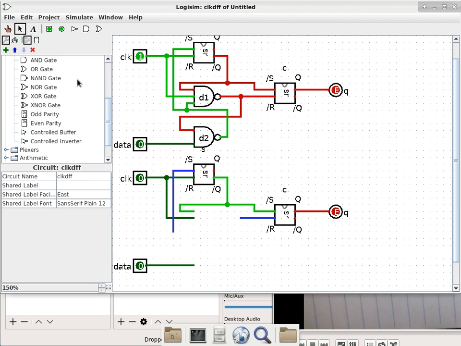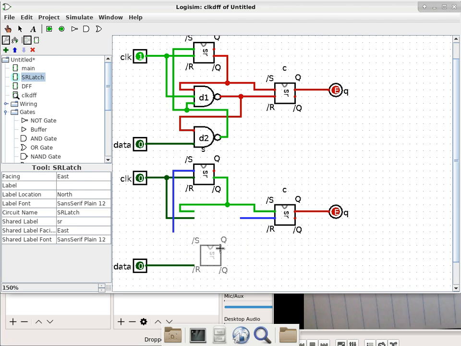Okay, and then we take another SR latch and put it here. So when we put the other SR latch here, I think it's pretty clear that data goes to the reset of the other SR latch. Okay, that part is pretty clear. And then the internal wire from the output of D2 to the input of D1 is already inside the SR latch itself. So that one doesn't need to be drawn.